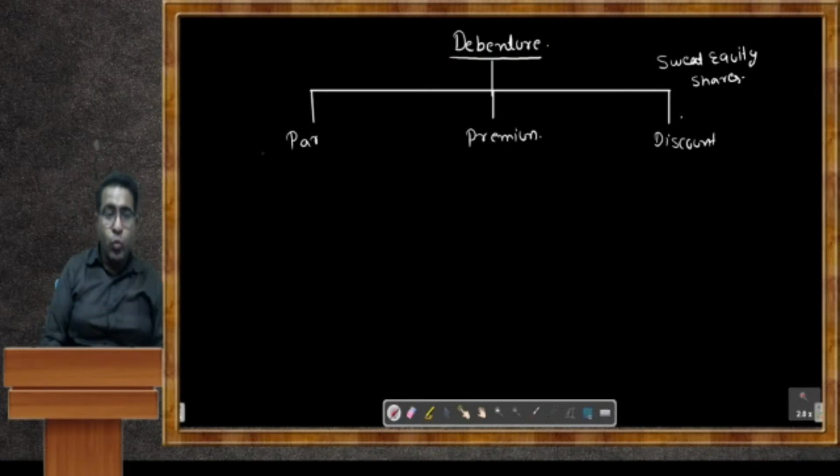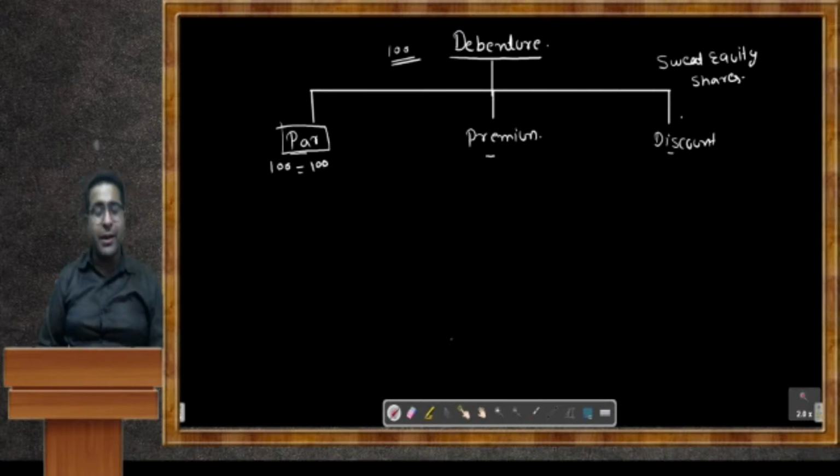What do you mean by par? What do you mean by premium? What do you mean by discount? If the value of a share or debenture is 100 and it is issued in the market at exactly rupee 100, then it is regarded as par. When the value of the debenture is 100 and it is issued at 110, it is regarded as premium.